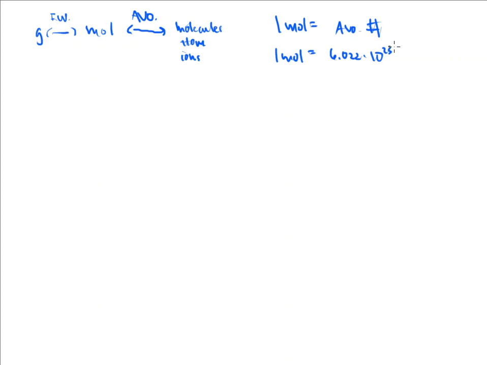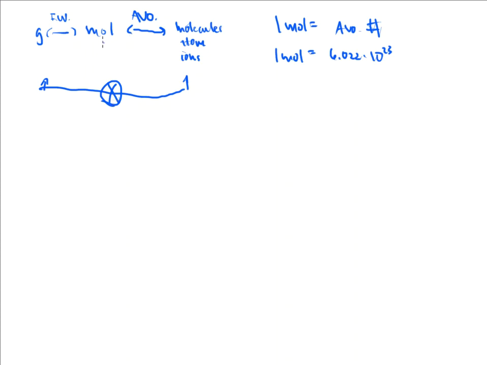Now keep in mind, there's not a direct connection between gram and molecule, right? You can't go that detour. There's not a route that exists that you can take your car on that would get you to that point. You have to go to mole first. So here's the scenario.